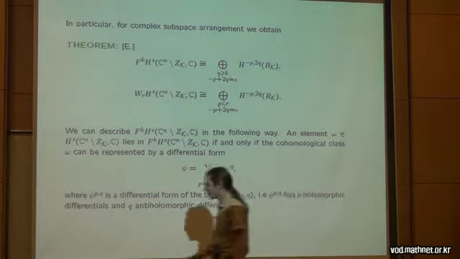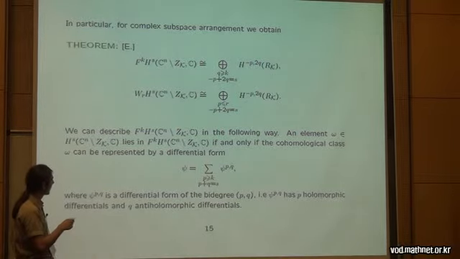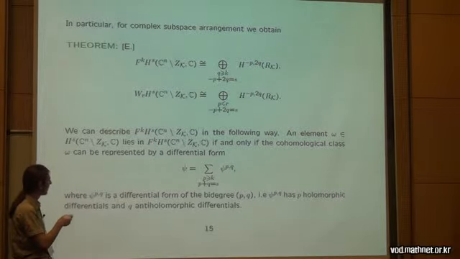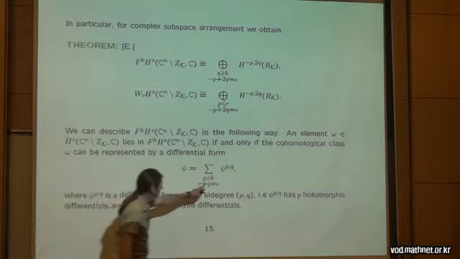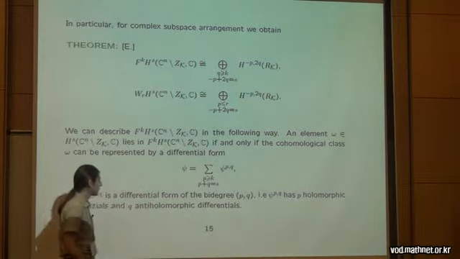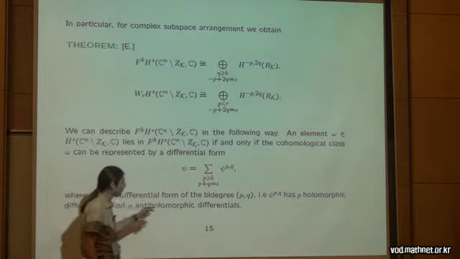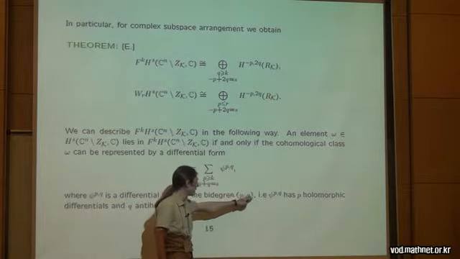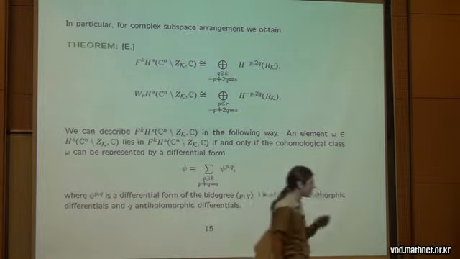In more down to earth terms, it means the following: any element of this term of the Hodge filtration can be represented by a differential form of the following type, where phi_{pq} is a differential form of bidegree (p,q), and p is the number of holomorphic differentials, and q is the number of anti-holomorphic differentials.